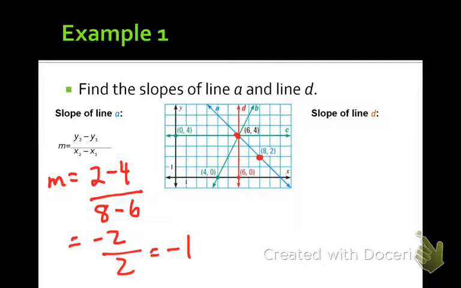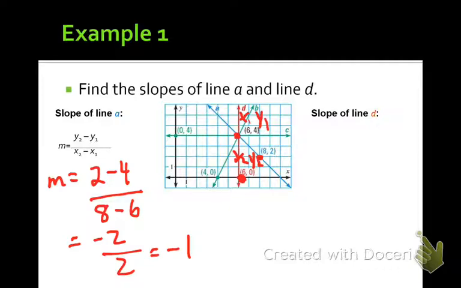Now we're going to do the slope of line D. So line D, we've got these two points. We'll call this x1, y1 and this x2, y2.